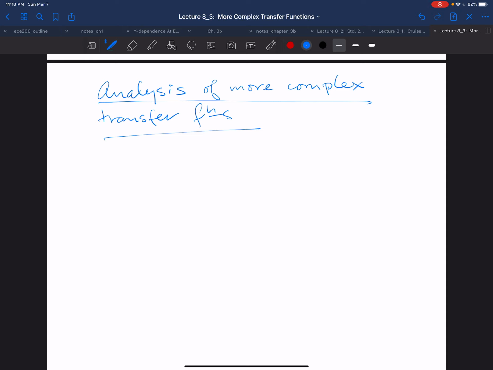Okay, so let's call this transfer function Hz of s, z for zero, of course. This is the sort of thing that we just saw for our cruise control with PI control.